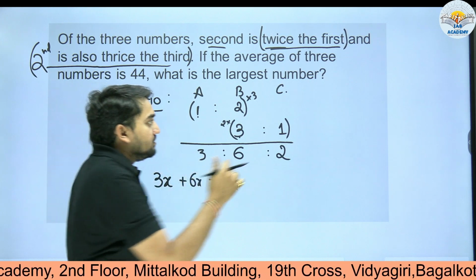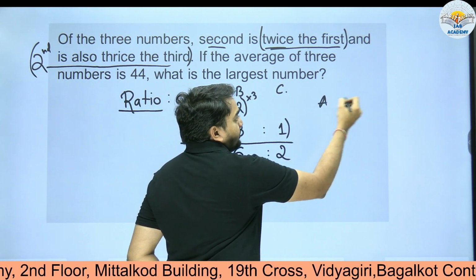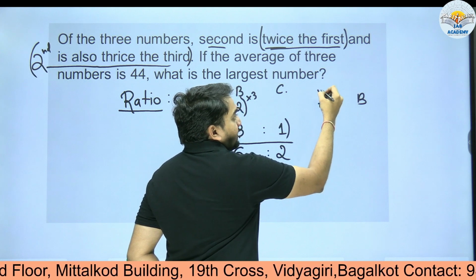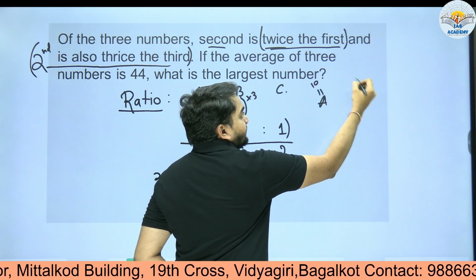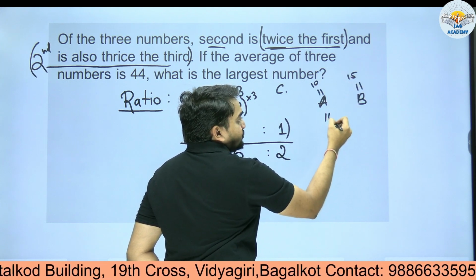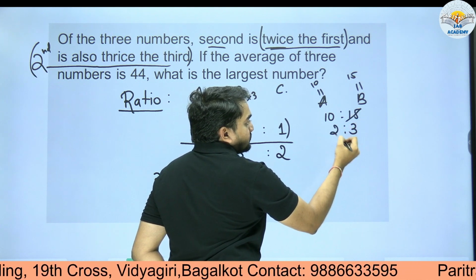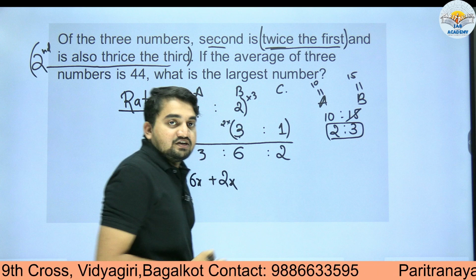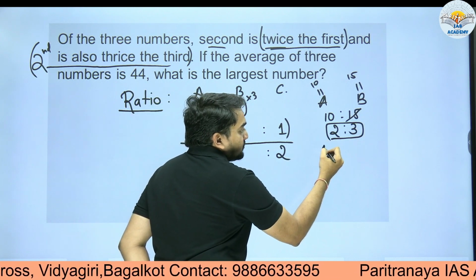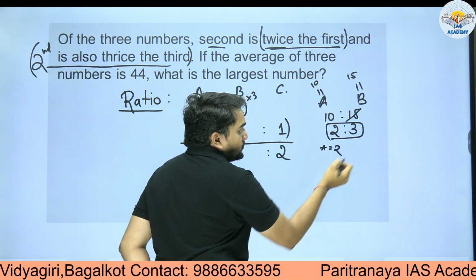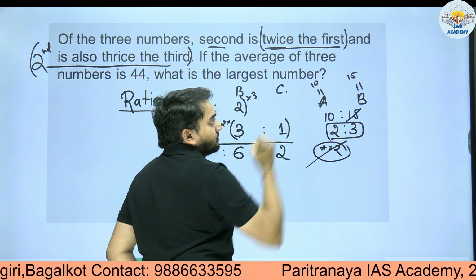For example, if we have two numbers A and B, in actuality A is 10 and B is 15, but if I take ratios it becomes 2 and 3. Can I take A as 2? Obviously not, because A was actually 10.